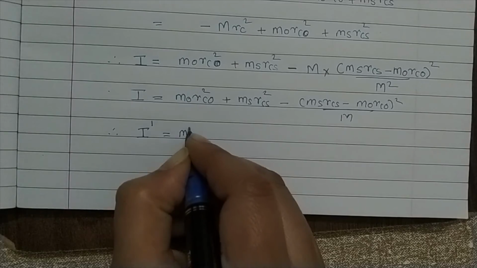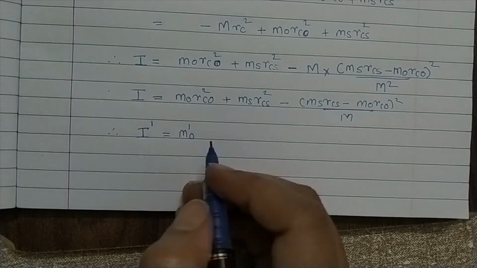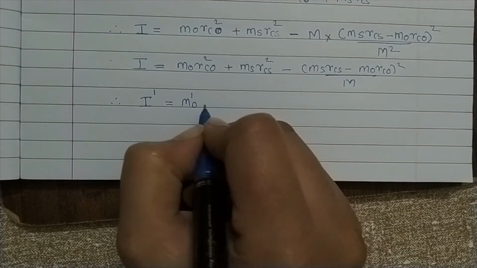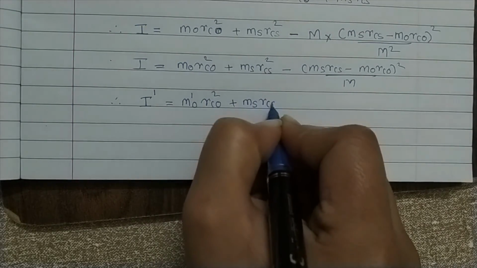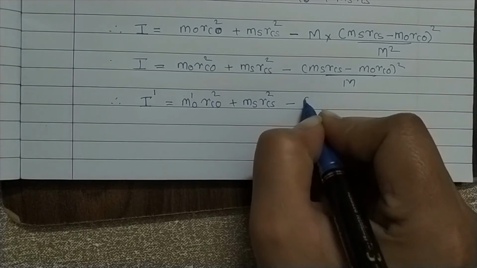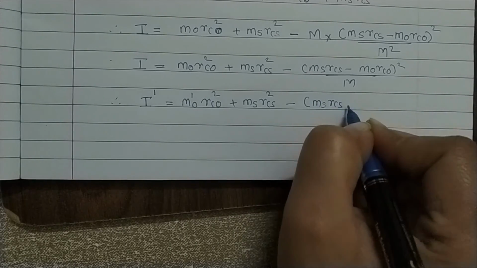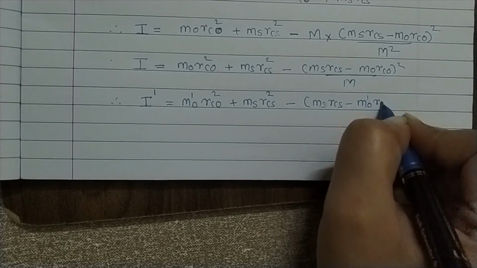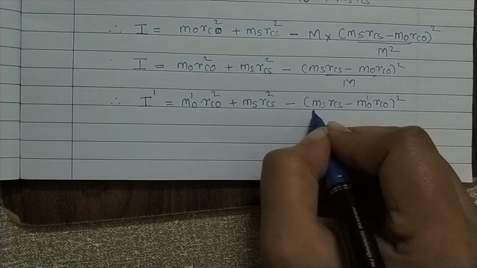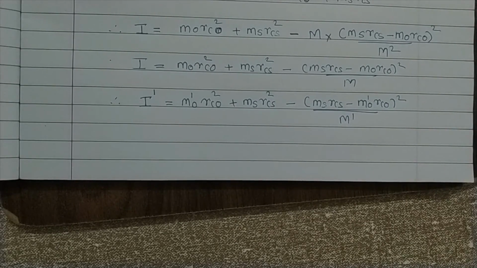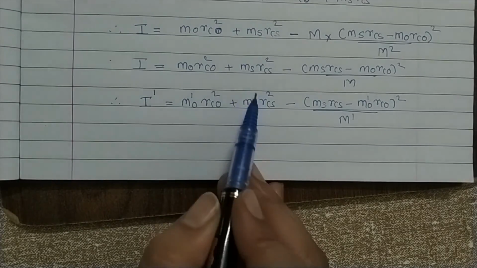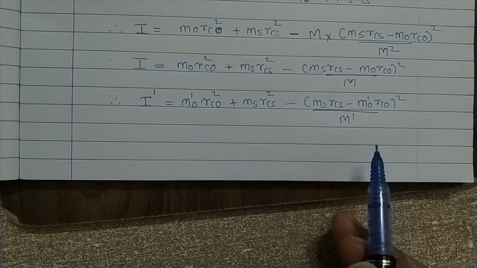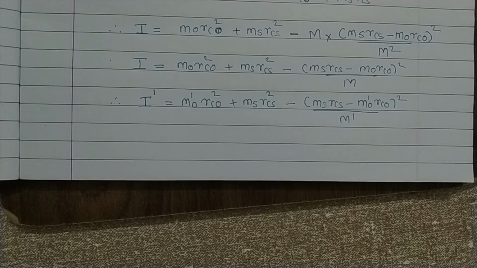So mass of oxygen will change, that is MO dash, and also RCO square plus MS RCS square minus (MS RCS minus MO dash RCO) square upon M dash. So what will happen when you will substitute it? Some of the terms will get cancelled and you will be able to find the distance or the internuclear distance. Is it okay?